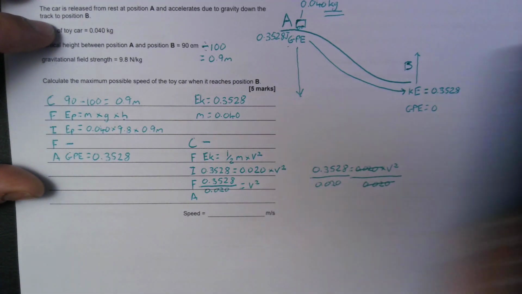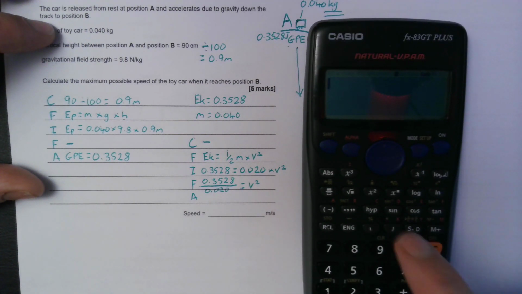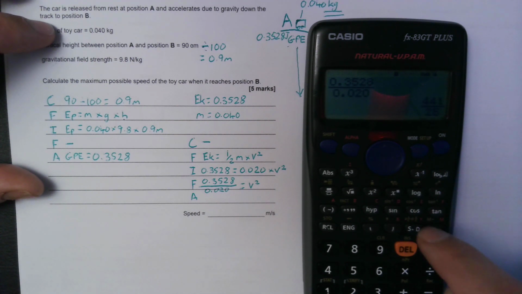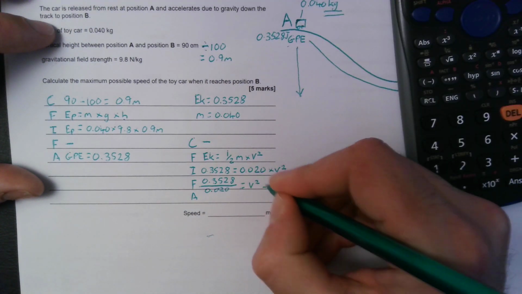Okay, so if we put that into our calculator, we're dividing, so fraction button, we've got 0.3528 divided by 0.020 gives us 17.64.